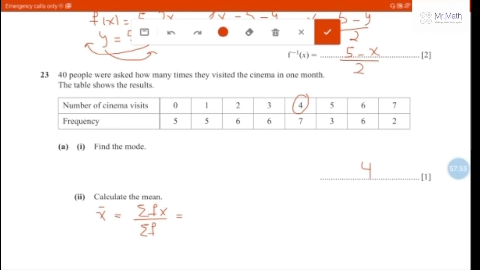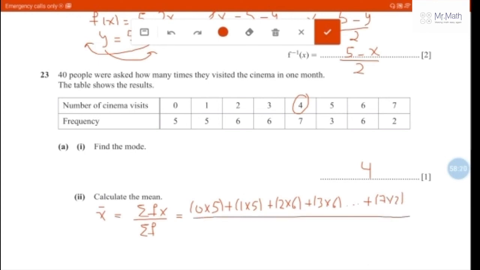So I start by multiplying 0 times 5 plus 1 times 5 plus 2 times 6 plus 3 times 6, and so on until 7 times 2, over the summation of all frequencies, which is equal to 40.